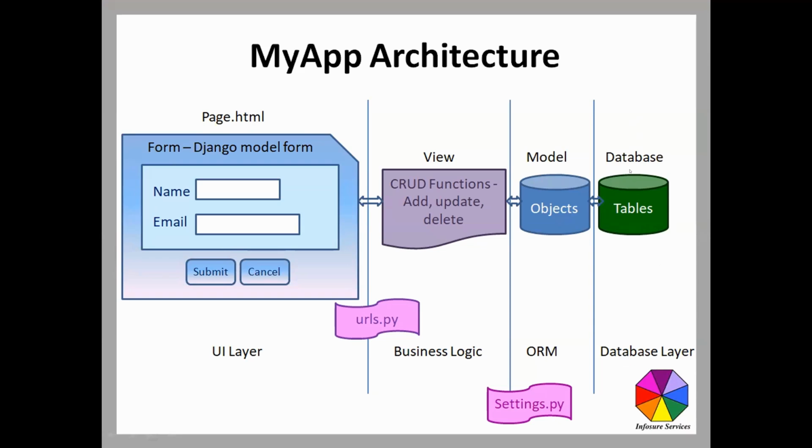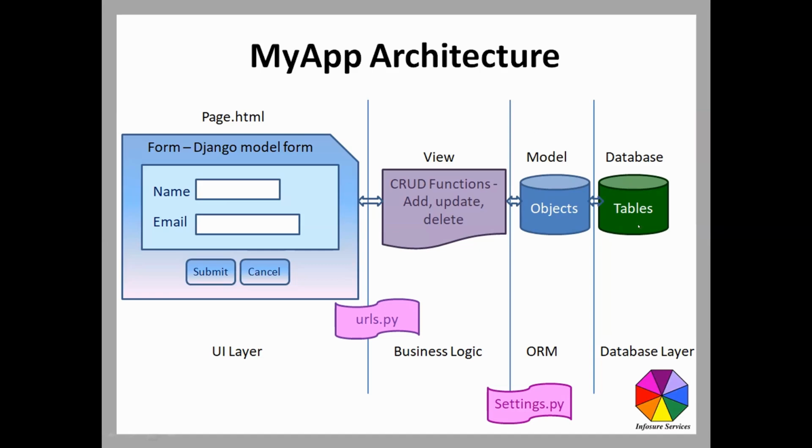And if you look at the object relational mapper, you no longer go create tables directly. You create classes and objects here, and these objects represent that as a model.